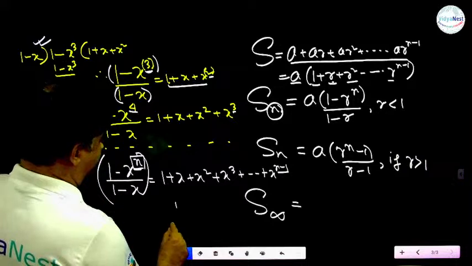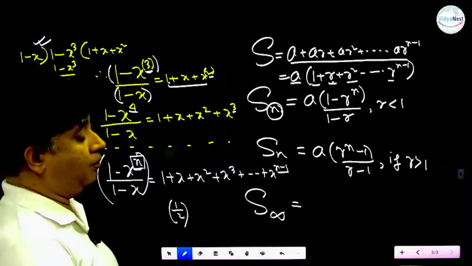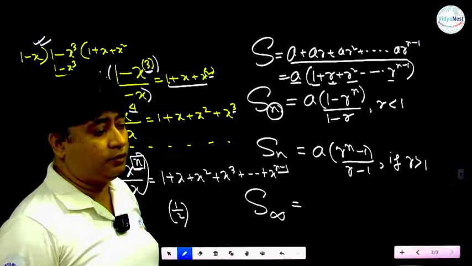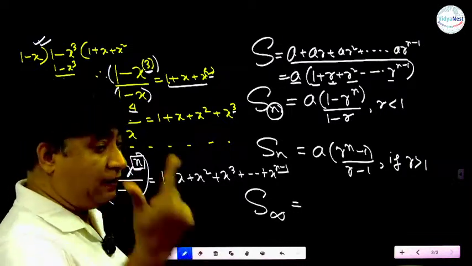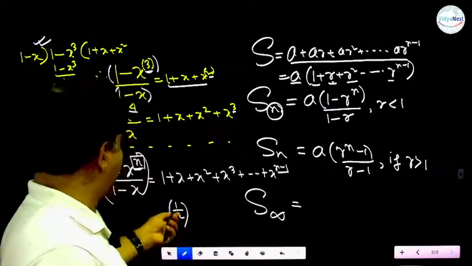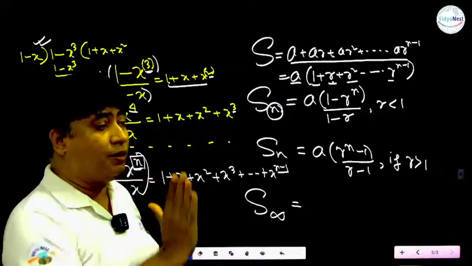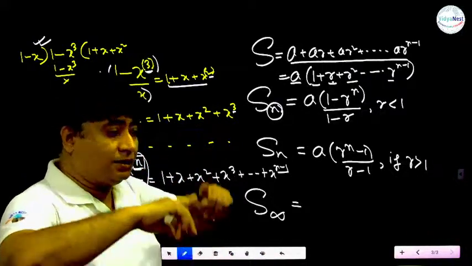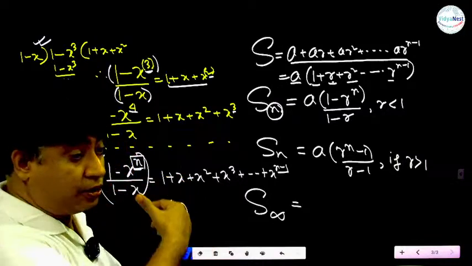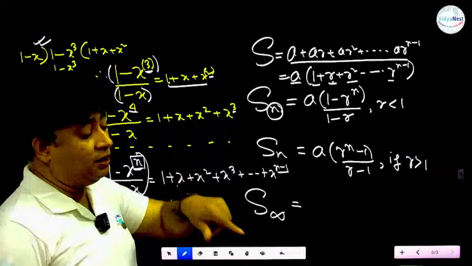Suppose half less than 1. नाउ तुम हाफ का स्क्वायर करो 1/4, फिर क्यूब करो 1/8. So keep on increasing the power of this fraction. Less than 1 means fraction. नंबर छोटा होगा कि ज्यादा होगा? छोटा हो जाएगा. छोटा होते होते ये एकदम जीरो हो जाएगा.